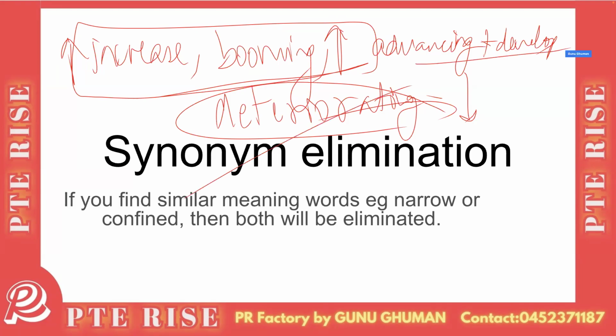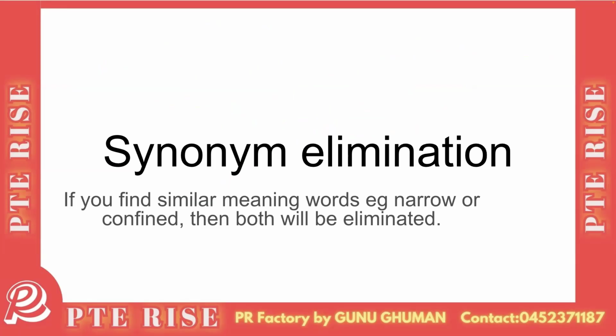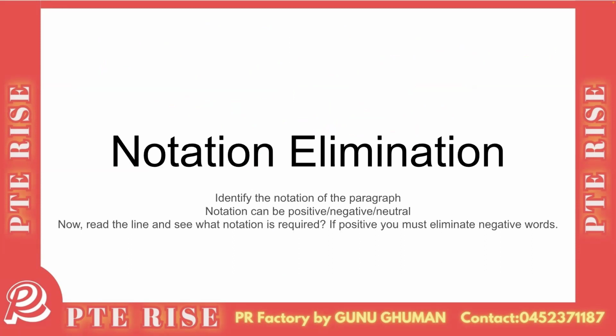So what is the answer? Otherwise, you will be stuck on these words. Why not booming? Why increasing? I'm trying to tell you that sometimes you will have two words with similar meaning. Cancel. Both are not the answer. Sometimes there are minor differences, but if not, they're not the answer. Notation elimination. I just taught you, the whole paragraph is talking about advancement, good things about technology.